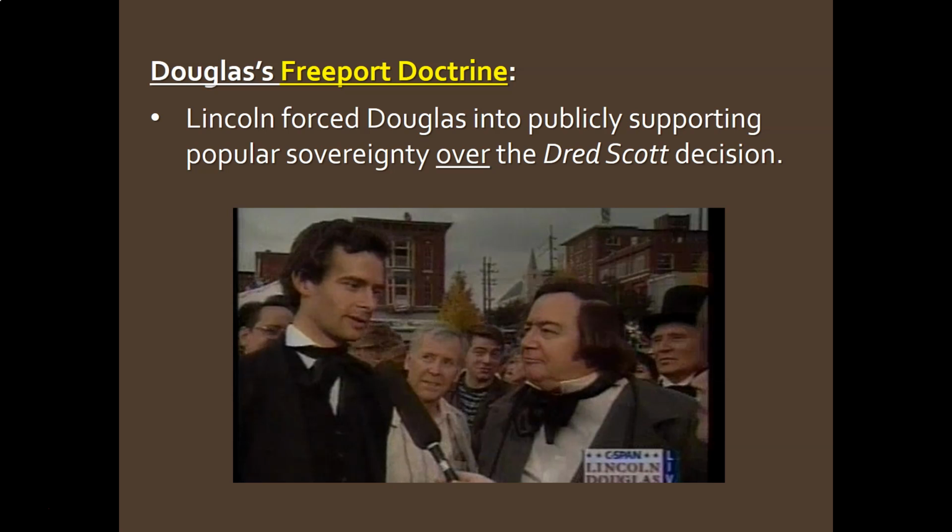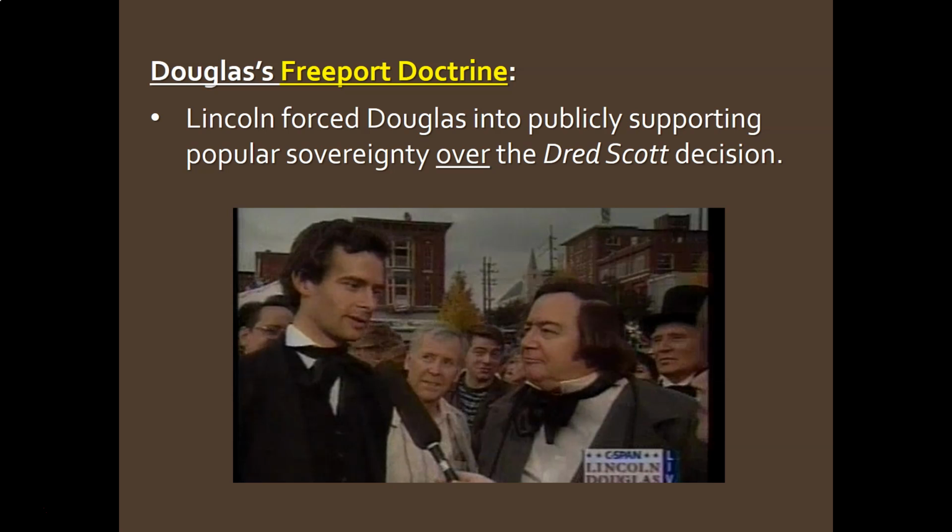So what he does is he challenges Douglas. He says, okay, so which one do you favor? Do you favor popular sovereignty, which is the key of the Kansas-Nebraska Act, or do you favor the Dred Scott decision? Because you really can't favor both, because Dred Scott had basically said that slavery can be extended into any territory. It doesn't matter what the people say.